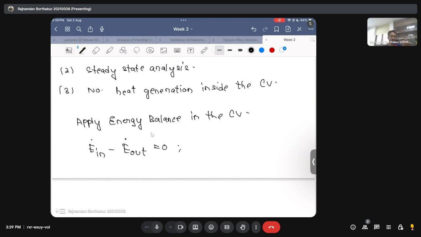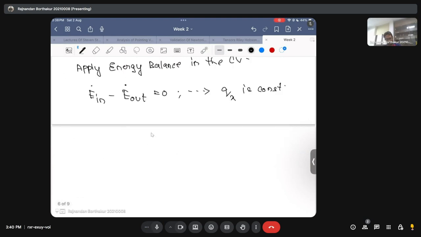That is typically because there is no heat generation, so the heat generation term is 0, and it's a steady state process, which means that dE_CV/dt is 0, which just means that E dot in minus E dot out equals 0. This is a straightforward conclusion that your rate of heat transfer q in the x direction, because this is a 1D heat transfer problem, is constant. Okay, so that's the first answer to our problem.